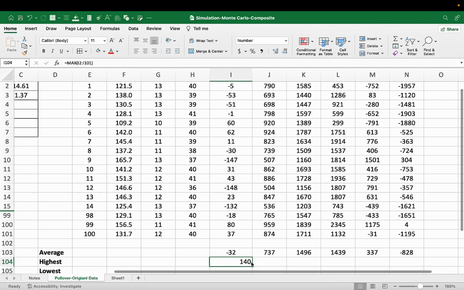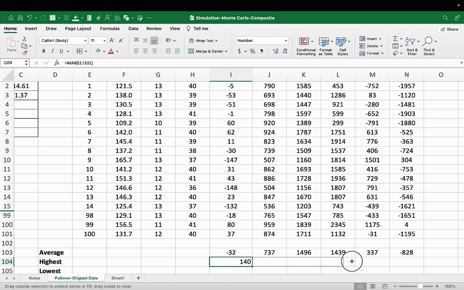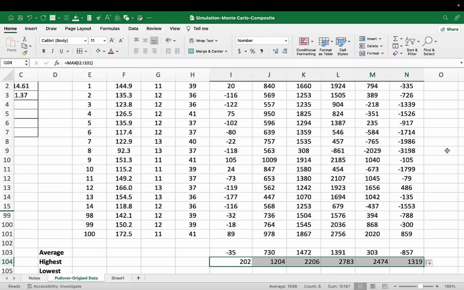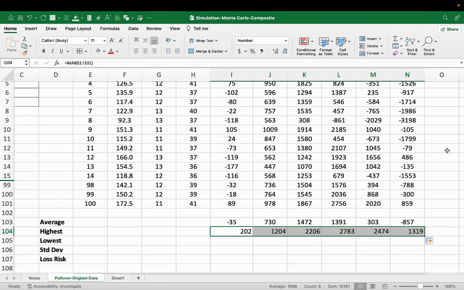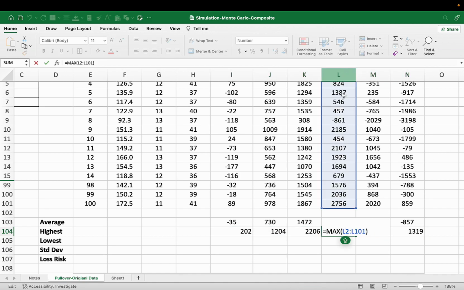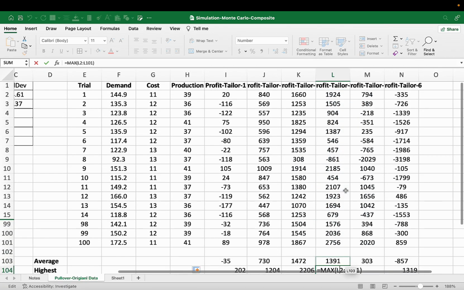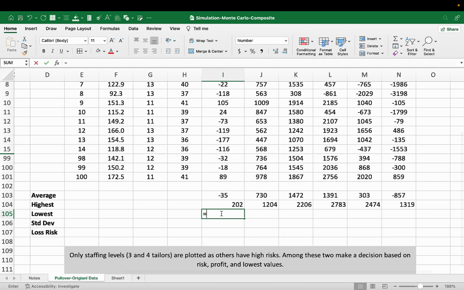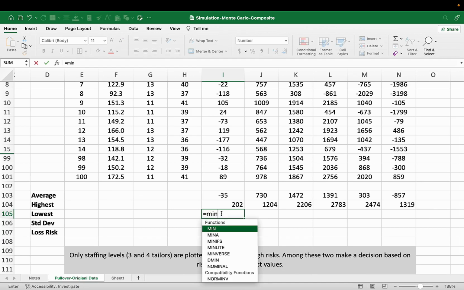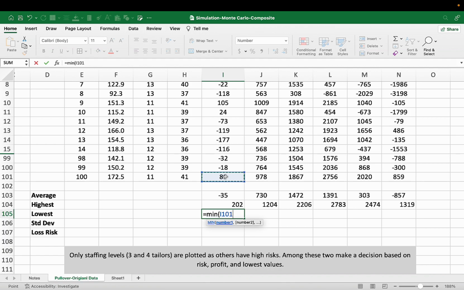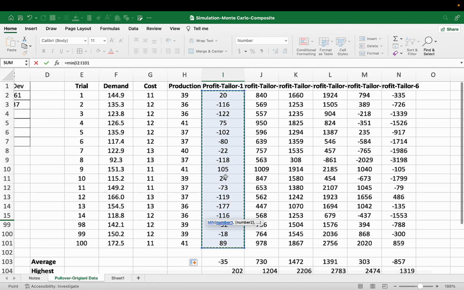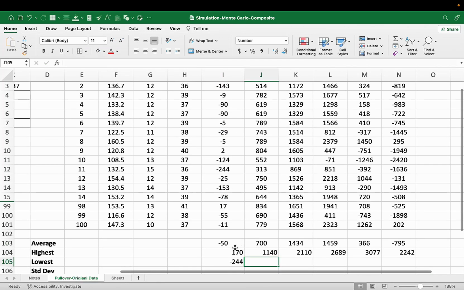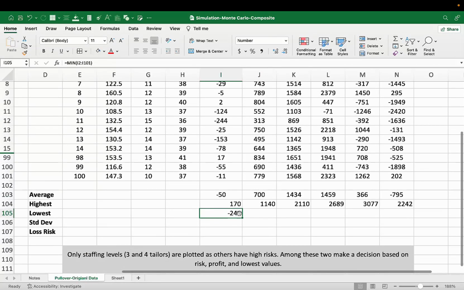And again I can drag it sideways, and if you want to check whether there is any error or something, just double click that, and you see that column has been selected, which means only this data is being used. For the lowest, use minimum, that's min, and again select this whole column except the label, and that will give us the minimum value.